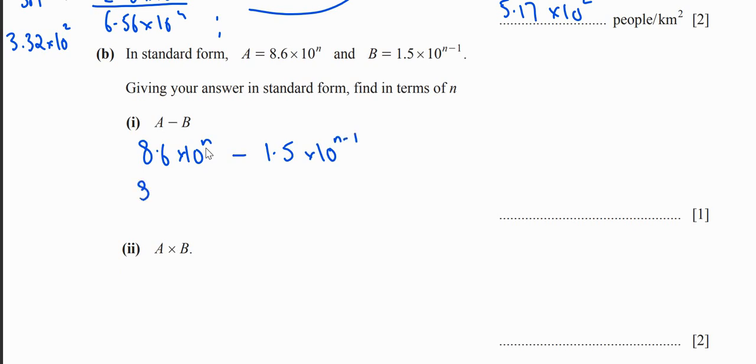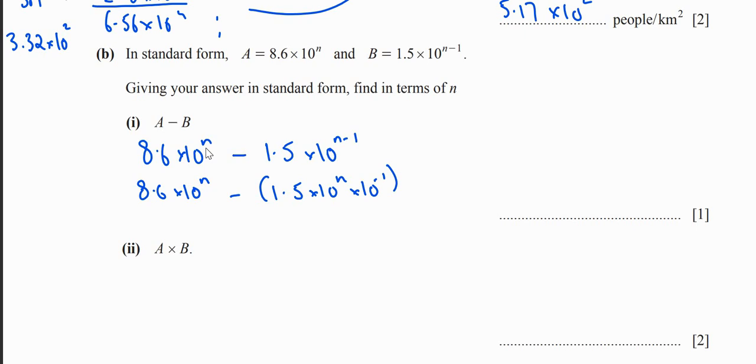So this becomes 8.6 multiplied by 10 raised to power N. Subtract it. 1.5, I will break this into two parts. One of them is multiplied by 10 raised to power N. The other is 10 raised to power negative 1.